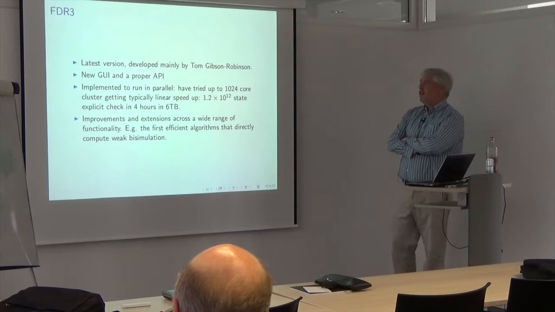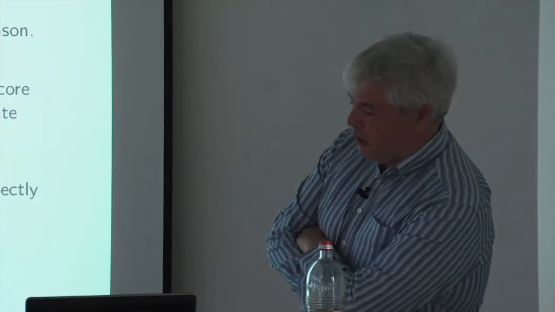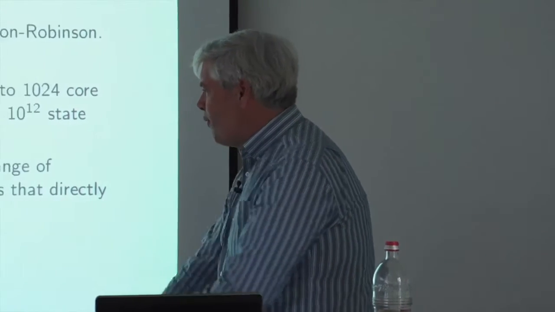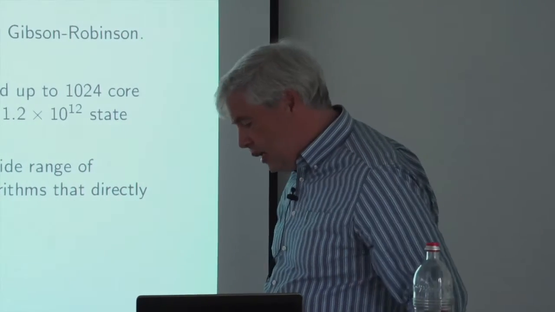There are, of course, as well as these 2 obvious things, improvements and extensions across a wide range of functionality. For example, this is something we've implemented only relatively recently, which is why it was at the front of my mind while I wrote this slide.